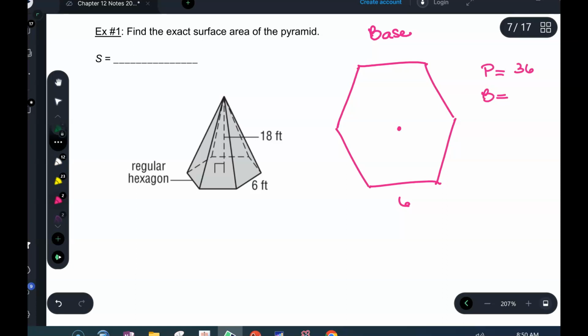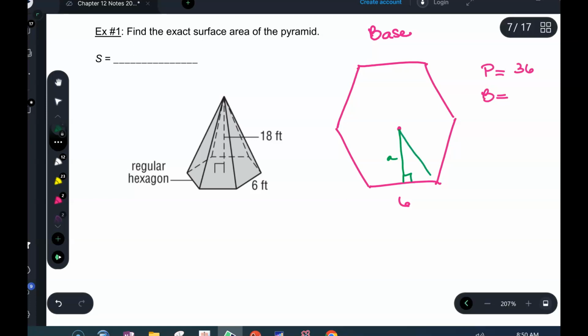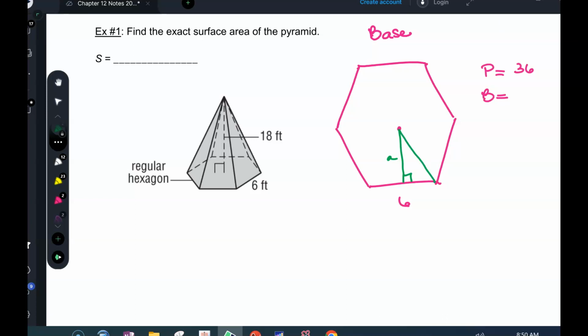We want to draw this, our apothem. You draw the triangle. Do we know what measure the angle at the top is going to be?